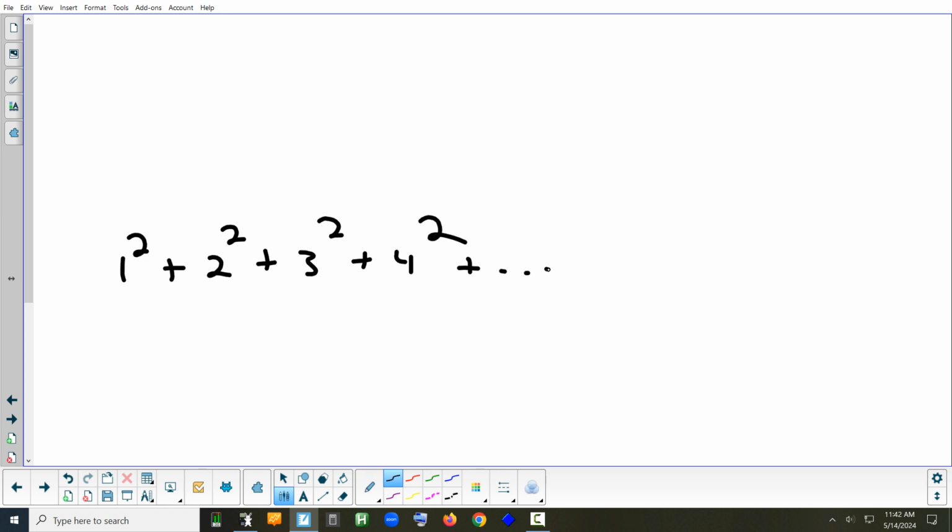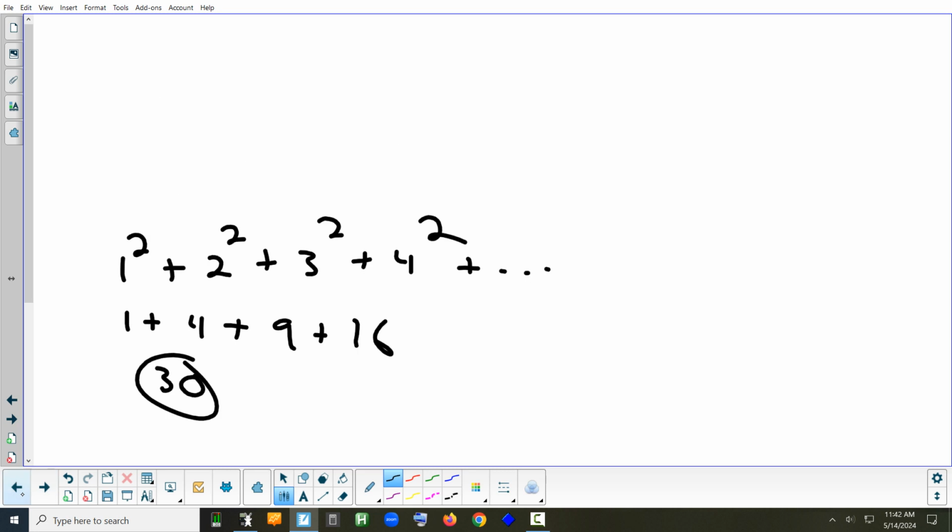So what's 1 squared? 2 squared? 3 squared? 4 squared is 16. Okay. What's 1 plus 4 plus 9? 14. So 5 plus 9 is 14, plus 16 is 30. So if you add up the first 4 perfect squares, you'll get 30.